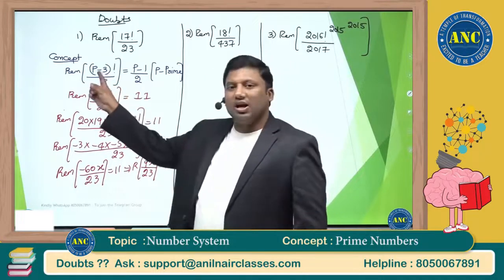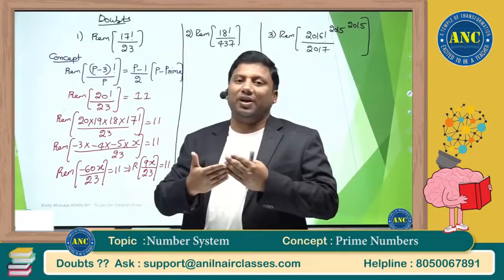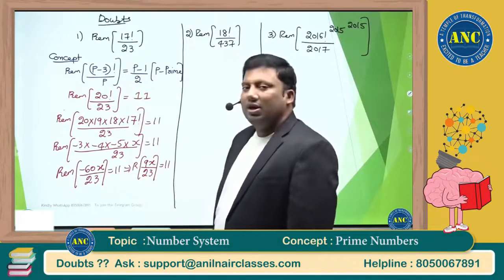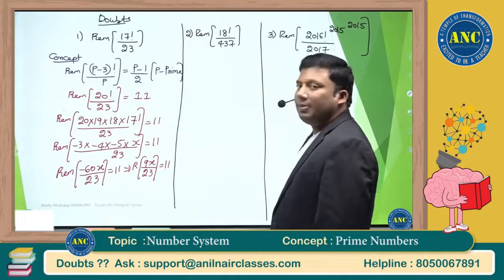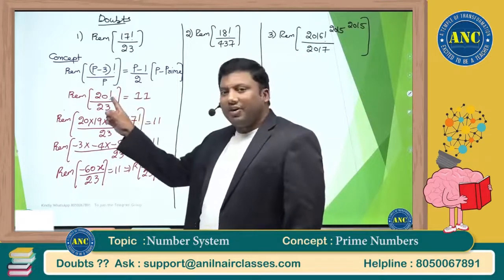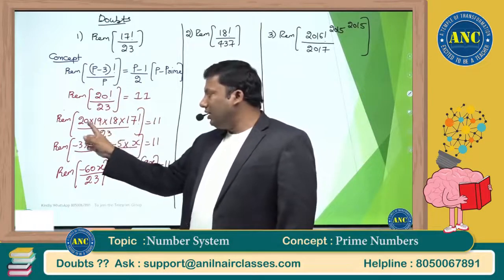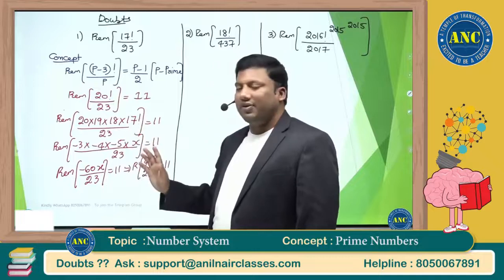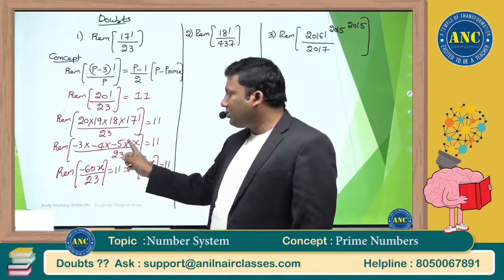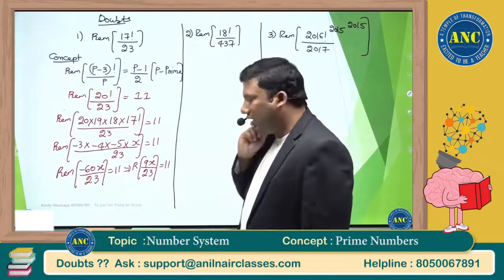Again I am repeating it. First I am using this concept. If I go for 22 factorial, 21 factorial, 20 factorial, it might take a little more time. So directly I will start with (p minus 3) factorial divided by p is (p minus 1)/2 when p is prime. 20 factorial by 23 is 11. 20 factorial is 20, 19, 18, 17 factorial. 23 ones are 23, minus 3, minus 4, minus 5 into x, giving minus 60x. 23 threes are 69.